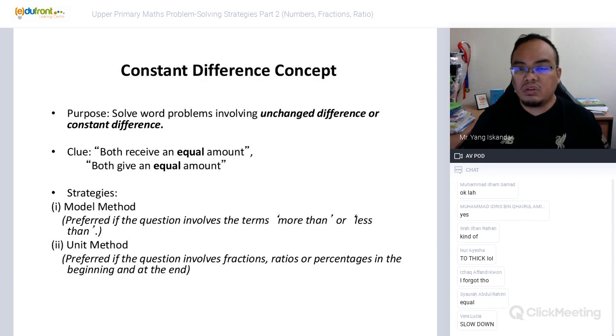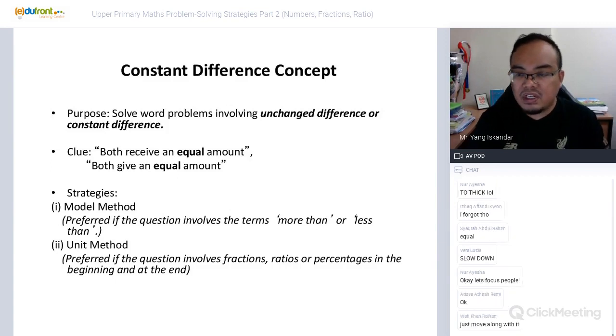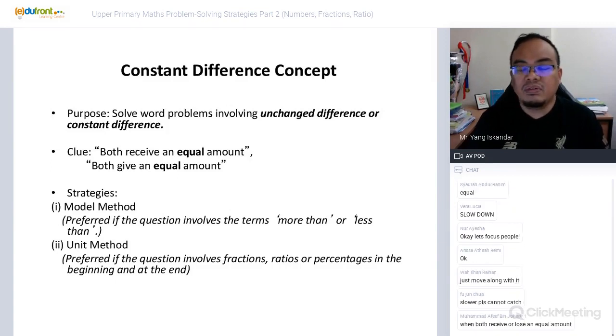You can use 2 main methods: one is the model method, the other is the unitary method. I'm going to share with you first the model method, and then we're going to learn a shortcut method using the unitary method. So you are equipped with more methods and more strategies, and you're able to better solve the different kinds of questions in the exam.